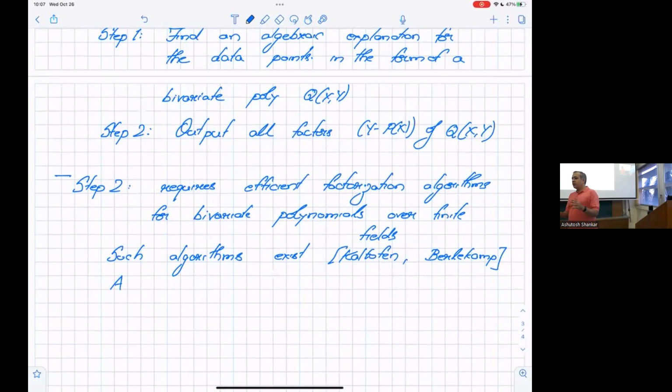So let me tell you the state of algorithms. There are algorithms which run in polynomial time in the characteristic and the data, and there are randomized algorithms which run in polynomial time in the log of the field size and the data.